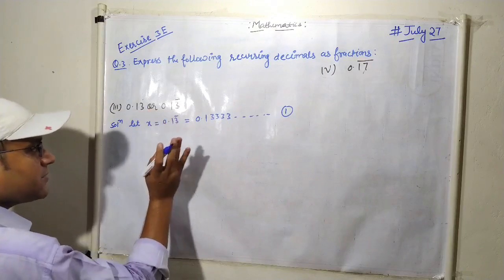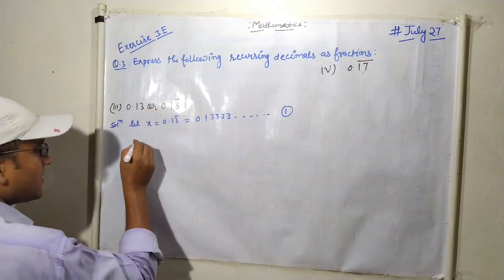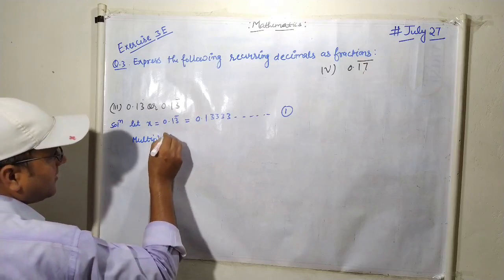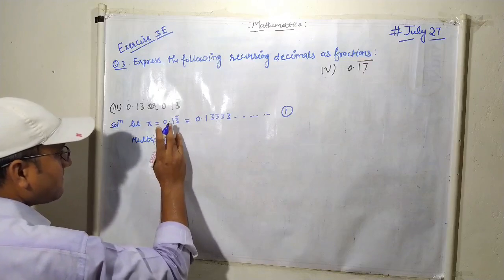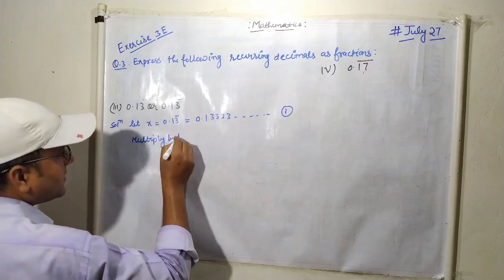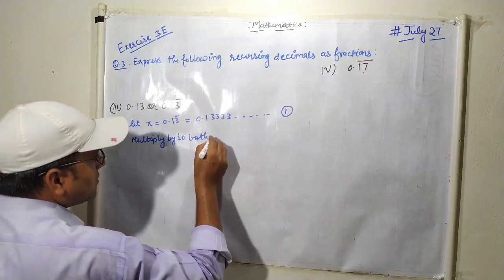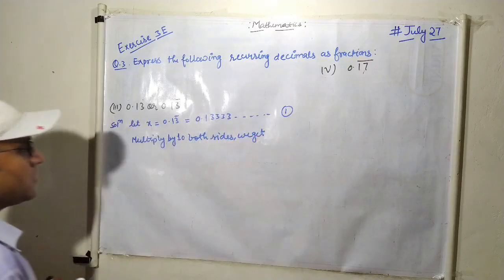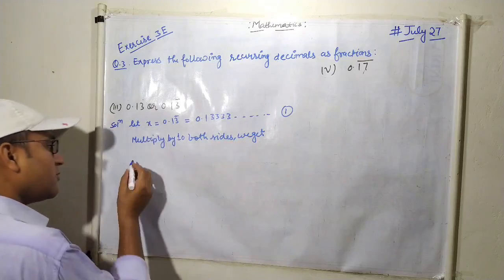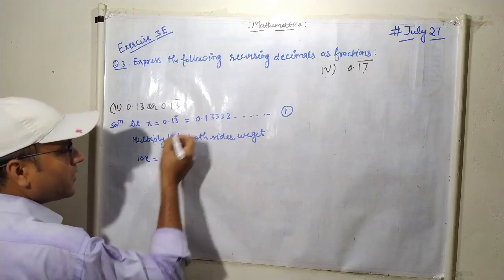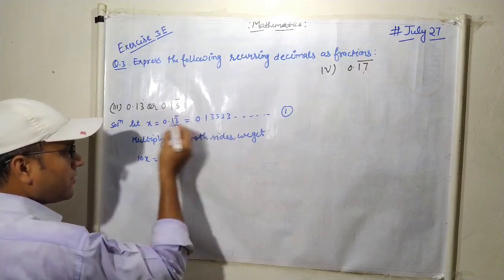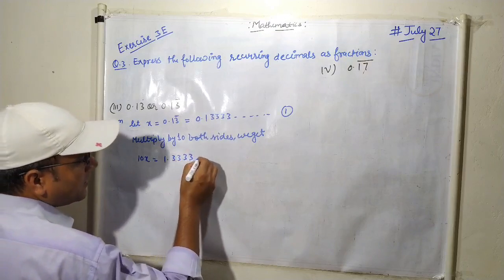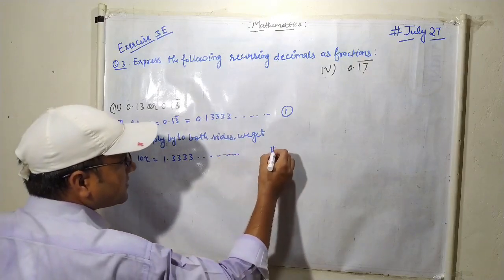Here one term is repeating, so you can multiply firstly by 10 both sides. If you multiply with 10, you will get 10x is equal to, if you multiply this one with 10, 1 comes to this side, 1.3333 and so on. This is your equation second.